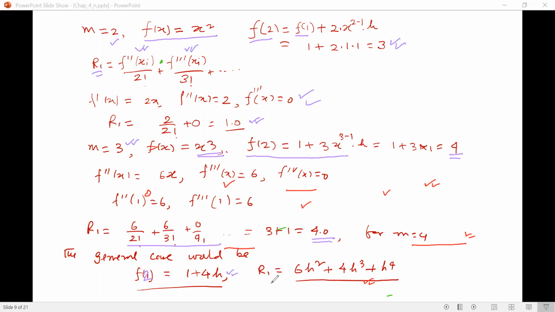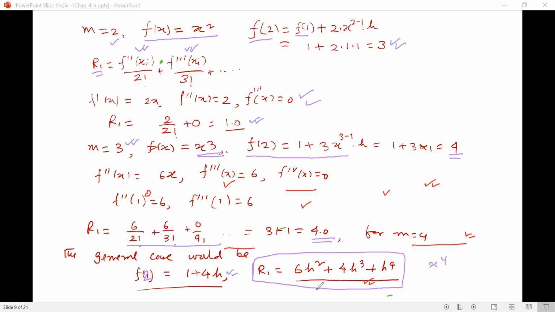And in the case of the remainder term, it would be equal to this, because as your function is x to the power 4, then this is your fourth derivative. No fifth derivative will exist. So in your remainder term, you will have this general term. That remainder is now expressed as a function of h.